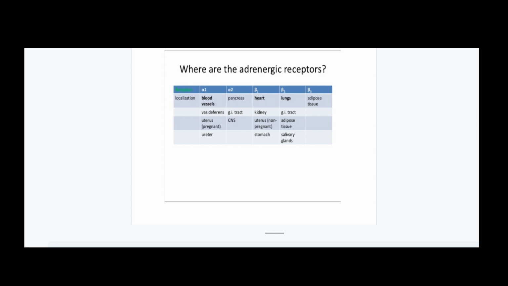We have beta 1. Beta 1 is found in the heart, especially. We have it also found in the kidney, in the ureter, and in the stomach. But in the heart, beta 1 receptors are stimulated to cause increased heart rate. That's what we call increased contraction of the heart, increased heart rate. Beta 2 stimulates the lungs to dilate the bronchioles, the bronchi walls, what we call bronchodilation.